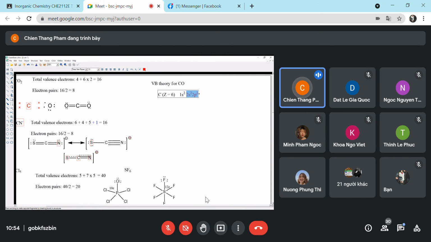And also this one is for the oxygen, oxygen Z equals 8. This one is 2p4. And now let's consider the valence electrons on these. We don't need to care about the remaining ones. The first one will be 2s2 and 2p2.